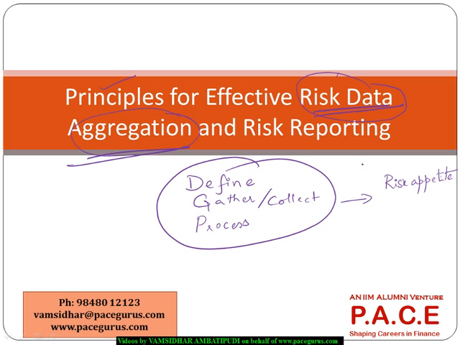This needs to be the entire objective of any good risk data aggregation process. It starts right from understanding what data needs to be collected, from what sources, how it should be merged, and what kind of data sets need to be created out of that.